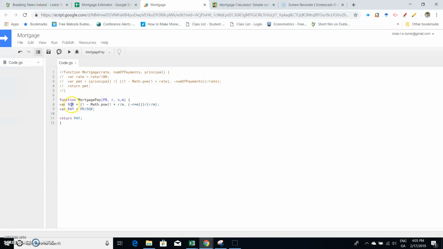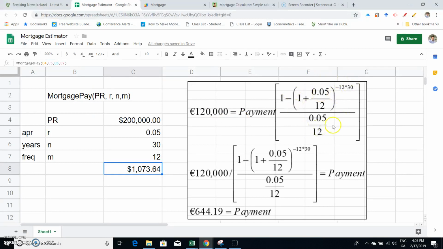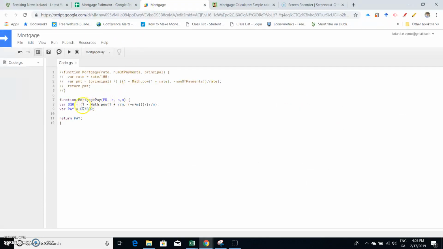And if you like, the SQR here is equivalent to what's in the square brackets, and the pay is equivalent to the monthly repayment. So we take the principal and we divide into the principal what's in the square brackets, and that produces the monthly repayment.